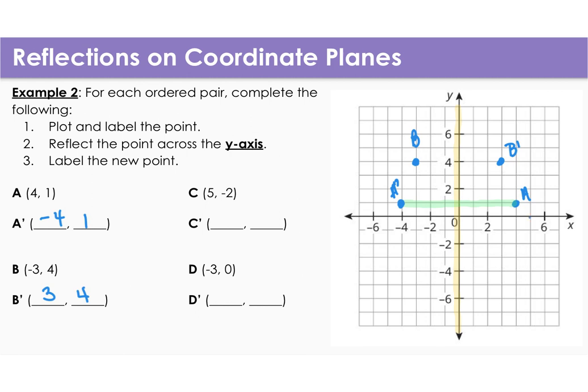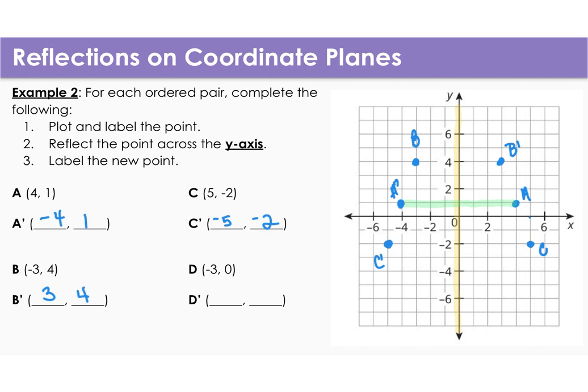So 5, -2 is C. I want to go across the y, which is also going to be 5 away from my y, C prime. So that is -5, -2.